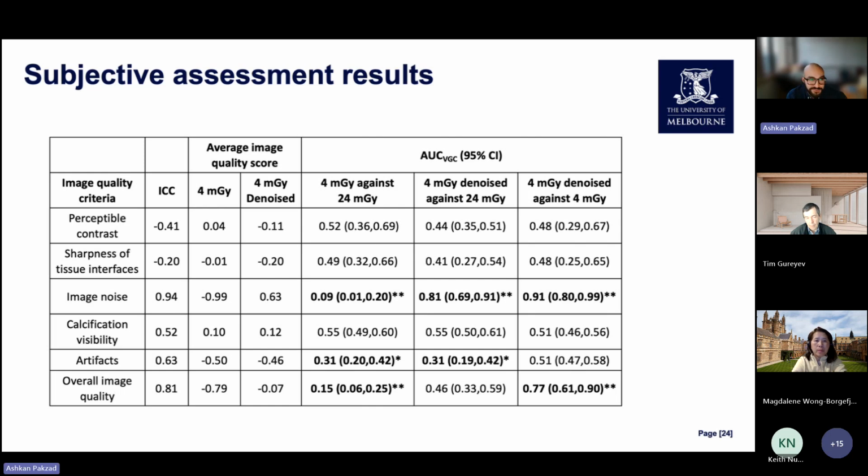And the interesting result here is in terms of perceptible contrast, where there was a high level of disagreement. And so it could be possible that it's linked to the objective measures that we were describing earlier, where we saw 4 milligray as having a higher contrast.